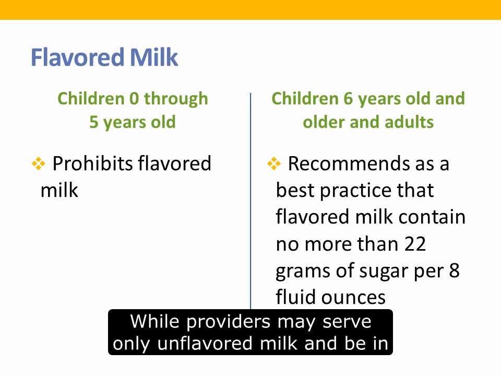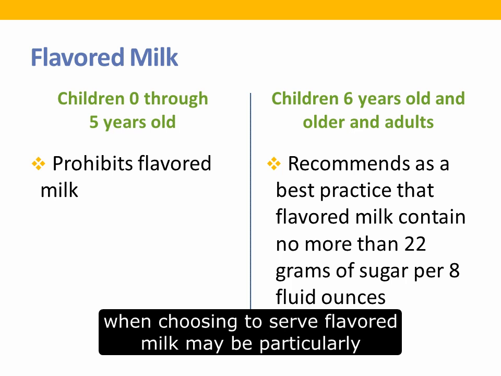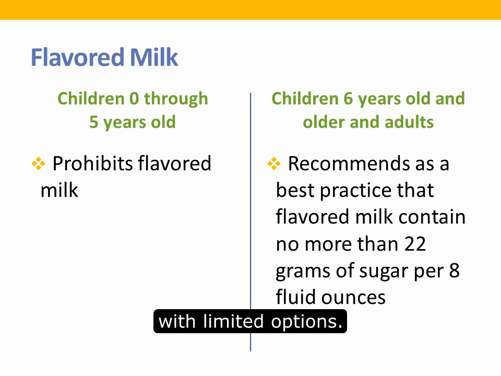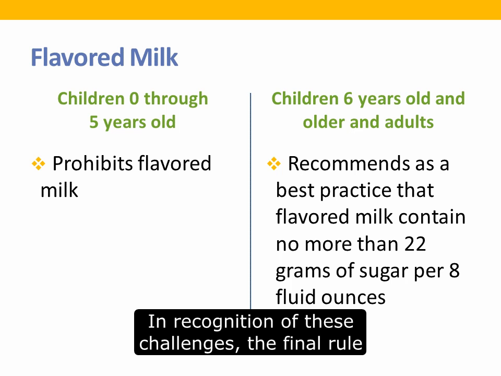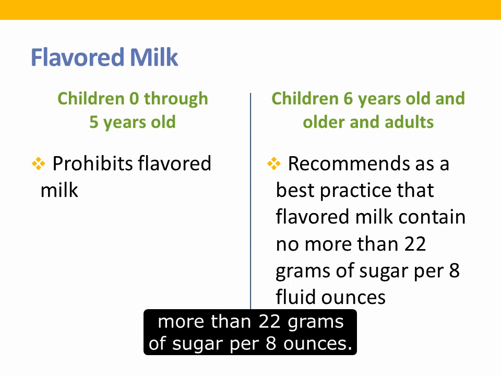While providers may serve only unflavored milk and be in compliance, complying with a sugar limit on flavored milk when choosing to serve flavored milk may be particularly difficult or infeasible for providers living in rural areas with limited options. In recognition of these challenges, the final rule recommends as a best practice that flavored milk contain no more than 22 grams of sugar per 8 ounces.